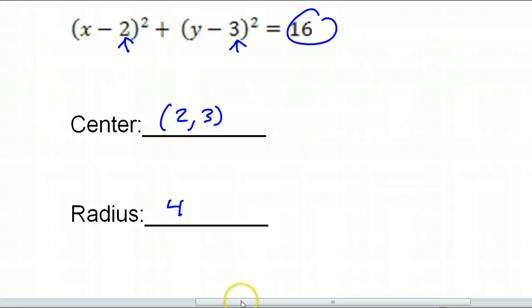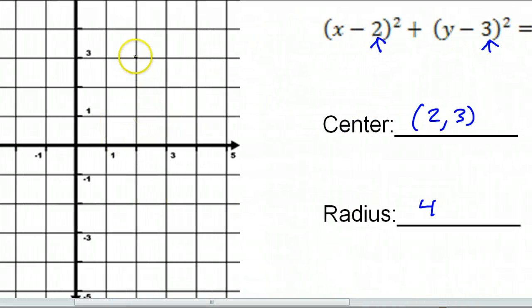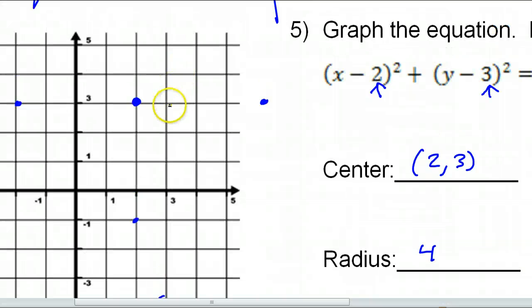So with that information, then you could graph it. So if the center is 2, 3, then you would go to 2, 3 and put your dot. And then you do the radius from there. It's going to go slightly off the screen, but that's okay. So the radius is 4. That means we need to go 4 in all directions. So it'd be like here, here, here, right?